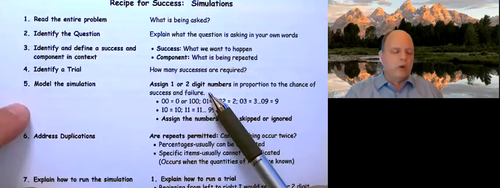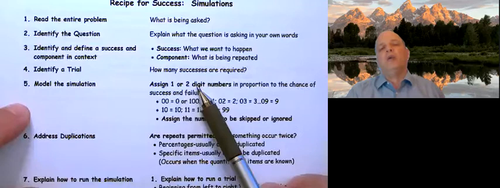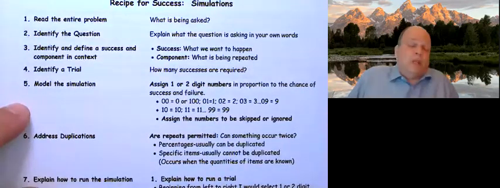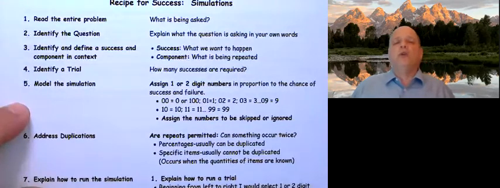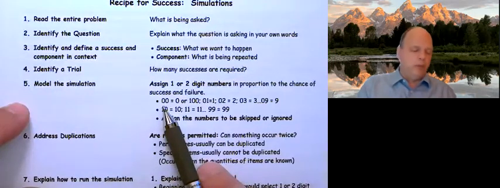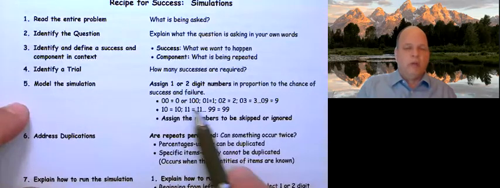All right, because we're going to be working with a random number table, and usually we assign 1 or 2 digit numbers. Now you can assign as many digits as you want, but the fewer digits you assign, the faster it goes. I have an example of 2 digits. So typically speaking, I say 00 represents a 0, could represent 100.